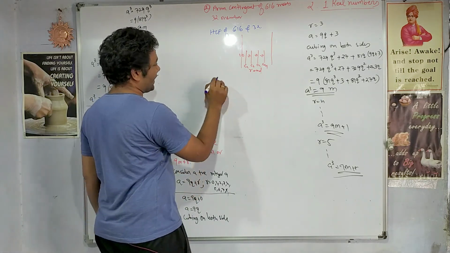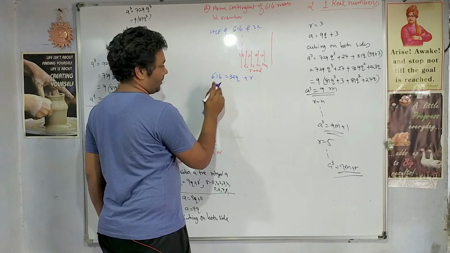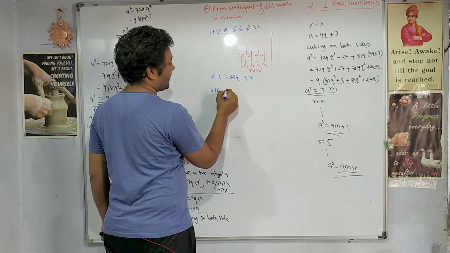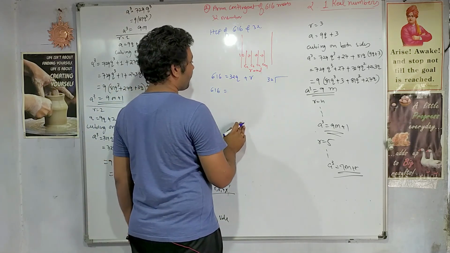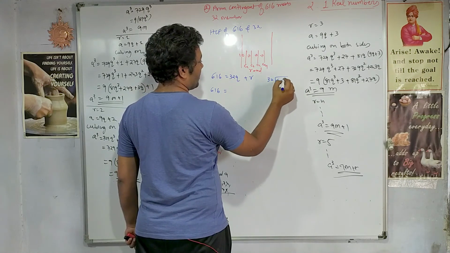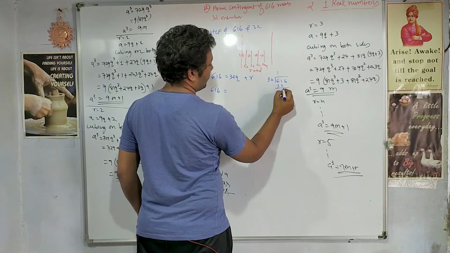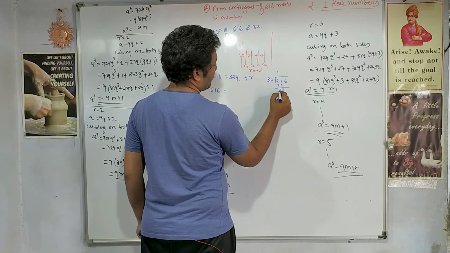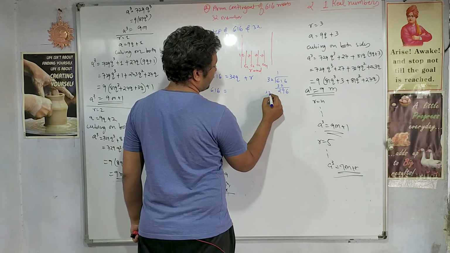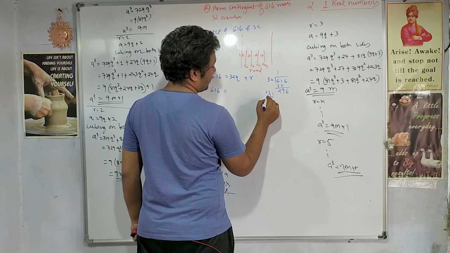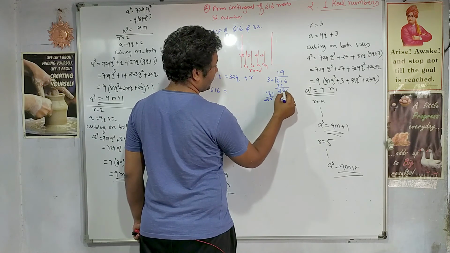How to find out the HCF? We'll use Euclid's method, right? 616 is bigger, so we'll write down here: 32Q plus R. Now let us identify the values of Q and R. So if I divide 616 by 32, it will go 19 times, 288, so it will give 8.